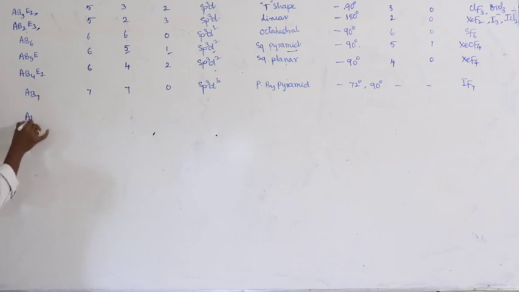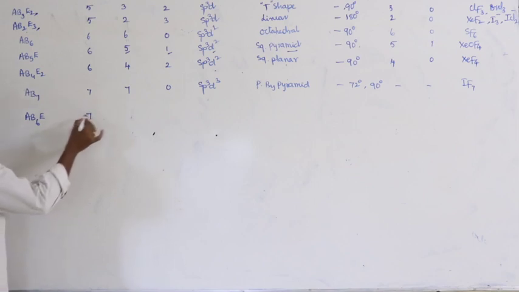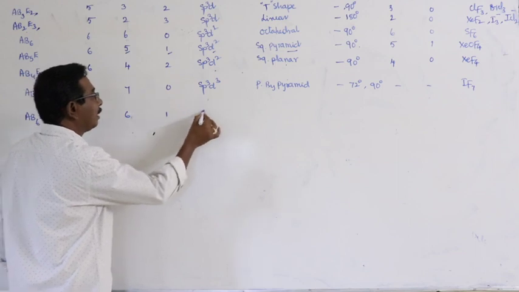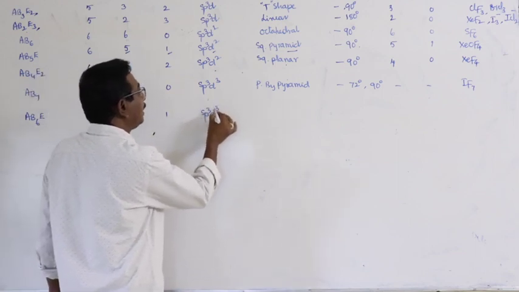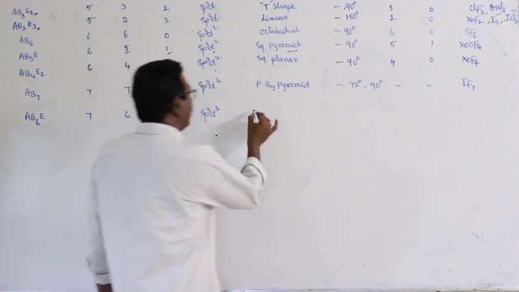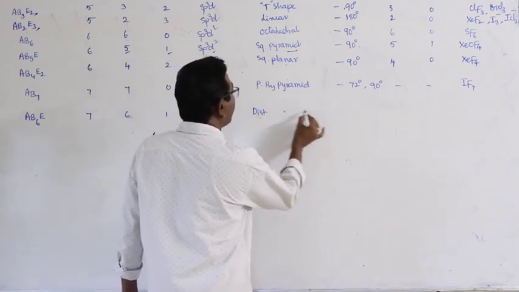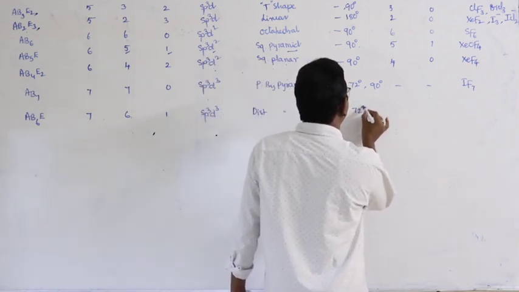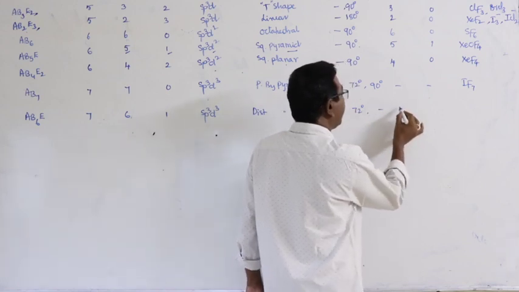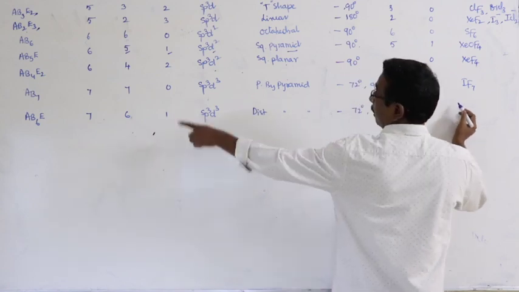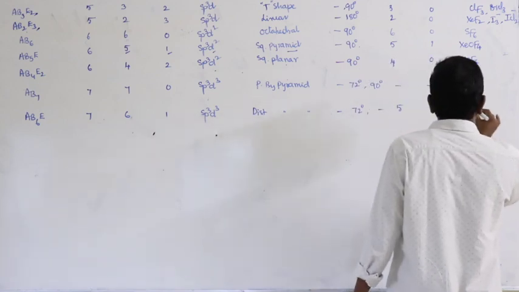Next, with the same combination, AB6E: electron pairs 7, that is 6 plus 1, bond pairs 6, lone pairs 1, hybridization sp3d3, and the shape of the molecule is distorted pentagonal bipyramidal, with 72 degrees and 90 degrees. Number of sigma bonds 5. Example: XeF6.